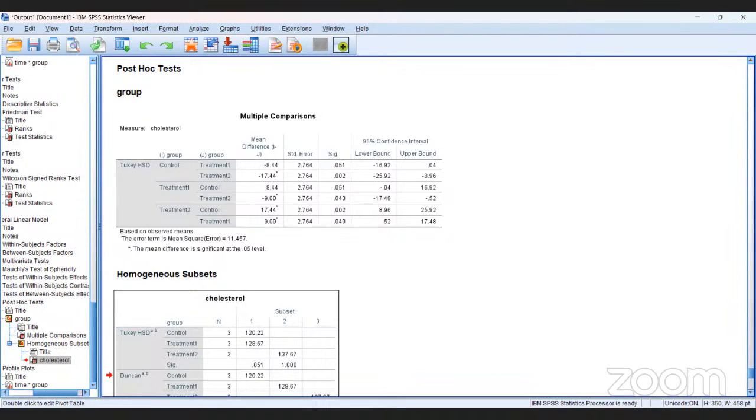Click descriptives, then OK. And after that, you will get the knowledge about whether there is a change in the dependent variable over the periods or not.